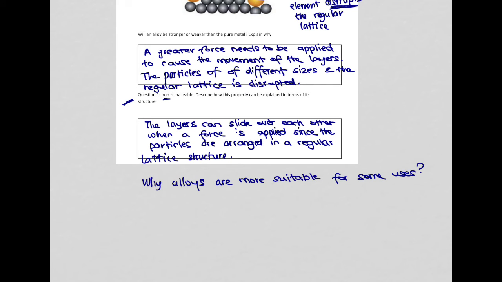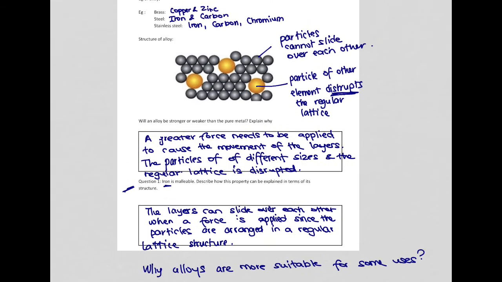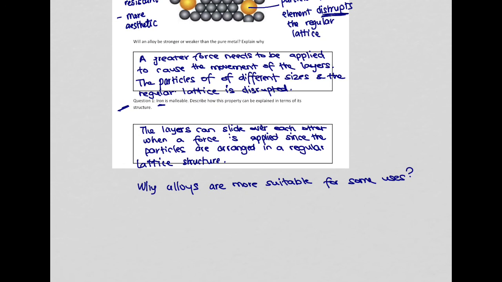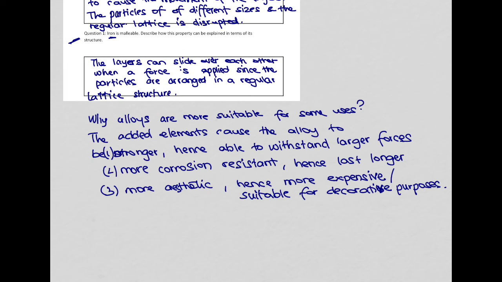Now, while alloys are more suitable for some uses, alloys are going to be stronger, and they're also going to be rust resistant. And they can also be more aesthetic, right? So it's going to be stronger, it's going to be corrosion resistant, hence it's going to last longer.